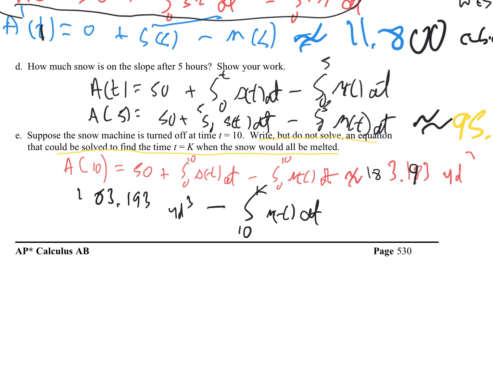It's got to be within that 24 hour period. I don't have to solve it. There is a way to solve this problem for K, because bottom line is I want this answer to be 0. So there is a way to find K, but we don't have to. He just says do not solve it.